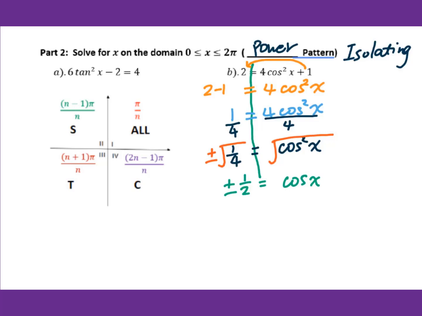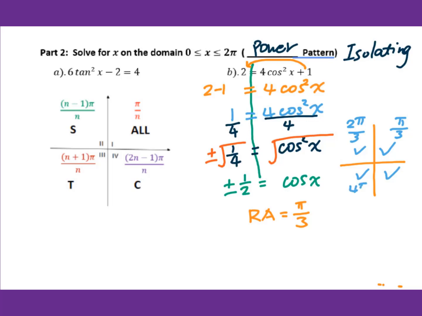Since we got a single trig function equals a constant form, we go to the reference angle. That's pi over 3. Since cosine x equals positive 1 over 2 and also negative 1 over 2, which means all quadrants for cosine x, the reference angle is pi over 3, so we got 2 pi over 3, 4 pi over 3, and 5 pi over 3.